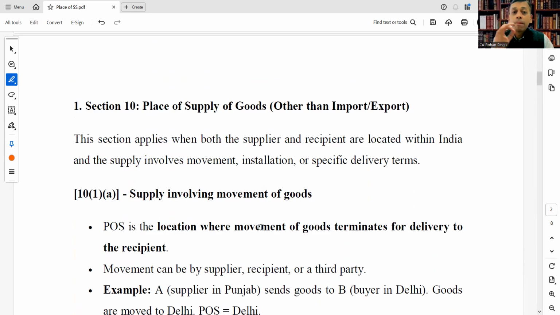This section applies when both the supplier and recipient are located within India, and the supply involves movement, installation, or specific delivery terms.